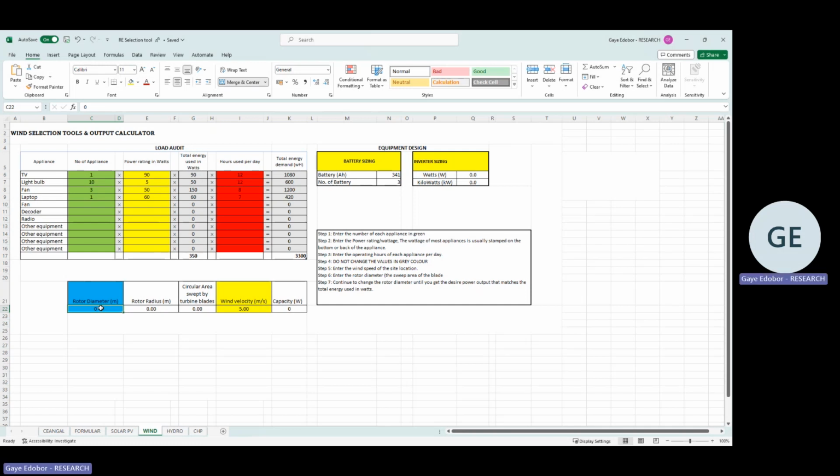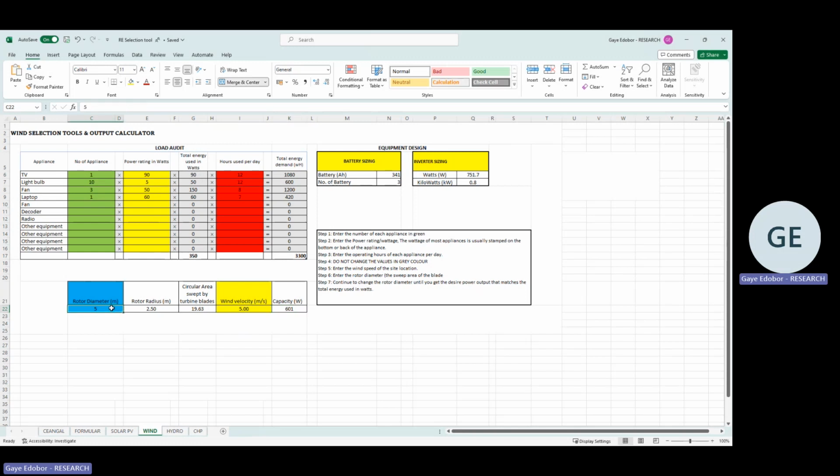For household, between 5 and 10. So we'll just peg it at 5. With 5 meters, we are getting 601 watts, which is way bigger than needed.